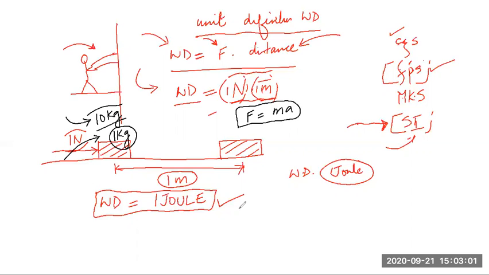No. In the first case, the mass is 10 kg. So students, in order to move 1 kg mass by 1 meter, or in order to move 10 kg mass by 1 meter, you can say the work done is 10 times more.